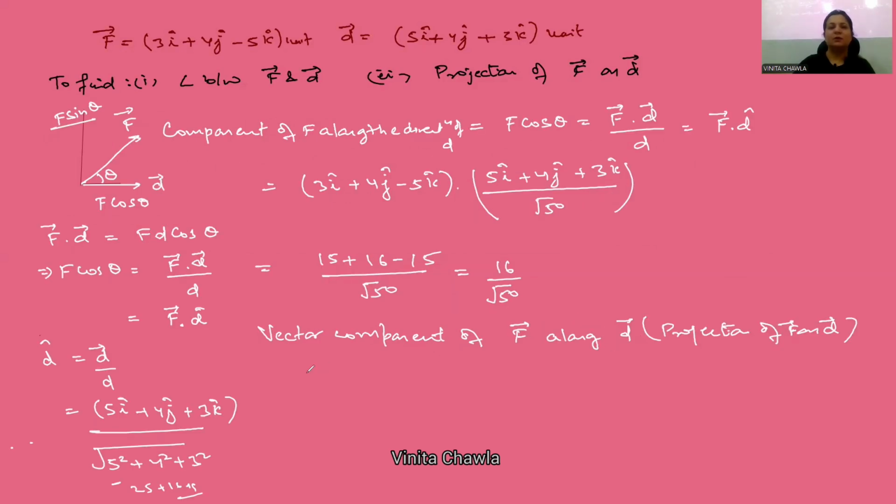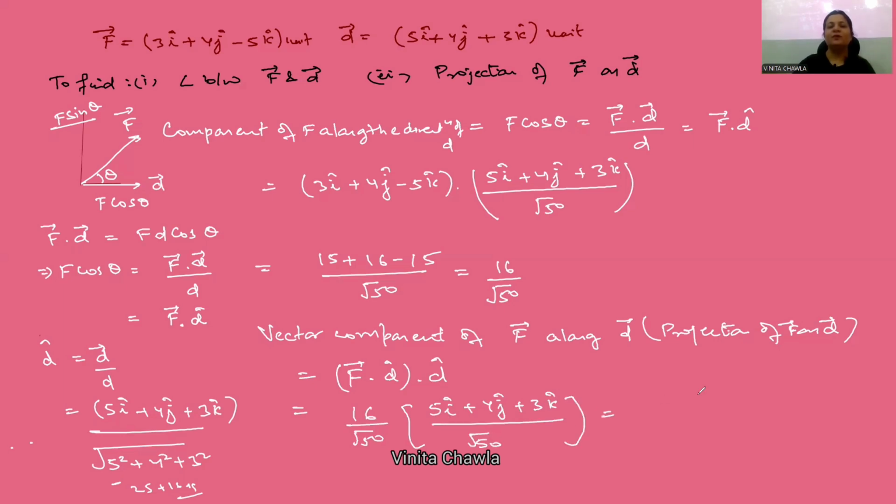Now for the projection, we take vector f dot d cap. So this is 16 by root 50, and d cap is 5i cap plus 4j cap plus 3k cap divided by root 50.